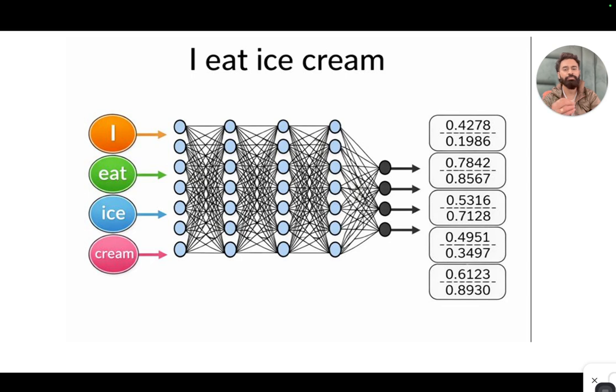For example, based on the embedding, the LLM knows that the word I is followed by an action word like eat, right? It also knows that the words ice and cream go together because they have a similar embedding code. That's why you see the embeddings for ice and cream are very similar to each other.